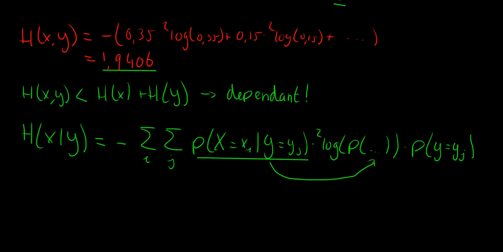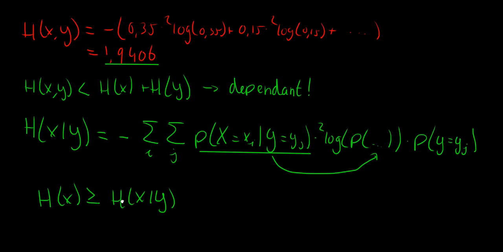This is important because the entropy of X is always bigger than or equal to the entropy of X given Y. If X and Y are independent, then this is exactly equal.